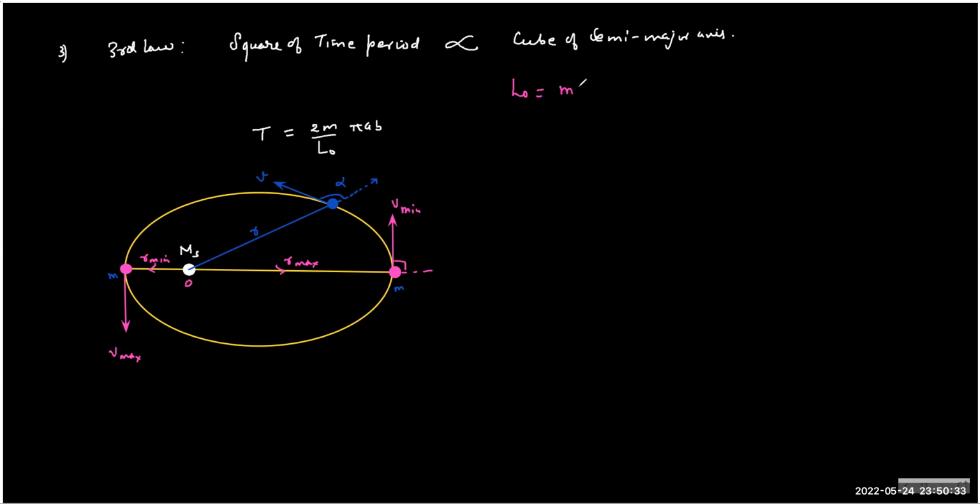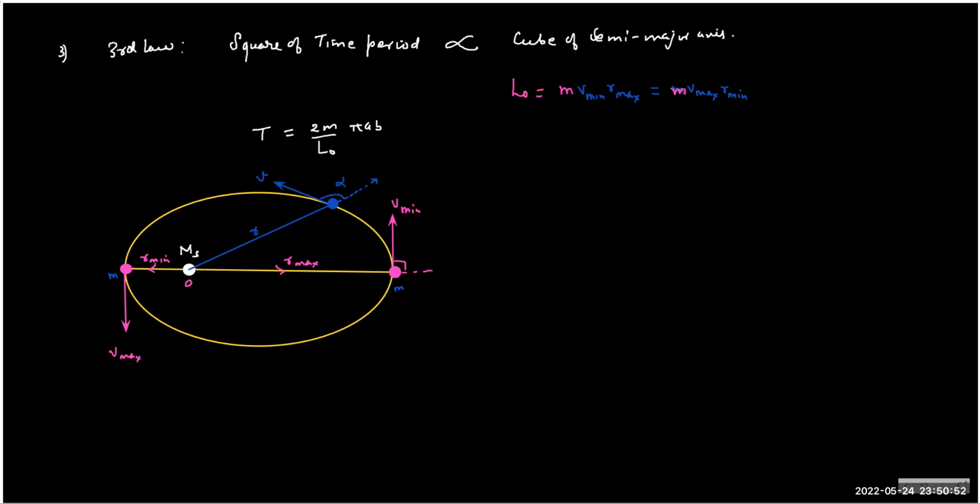So we can write m v min r max, and at the perigee, it will become m v max r min, and you can see m cancels out.